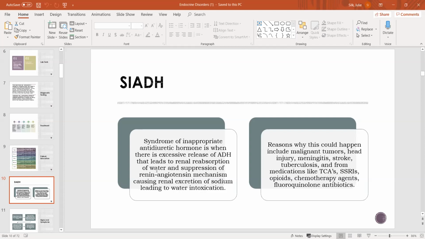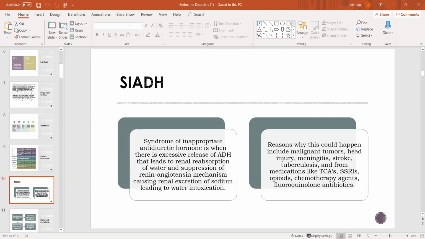There's a ton of different things, so you just have to rule out some things to figure out what it might be. If I had someone with this and I was a physician trying to figure it out, I might send them for a CAT scan to see if they had some kind of issue with their brain, or I'd look at their medications, because certain medications can cause this.